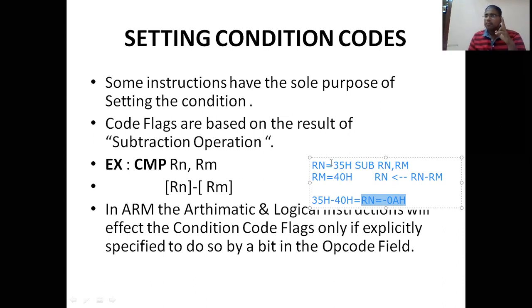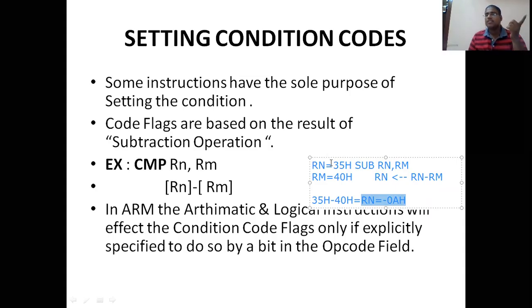Internally it will perform subtraction, but those are intermediate results, present only for that particular instruction. Once the execution of the comparison instruction is completed, in the next instruction you will get the previous values as they were.